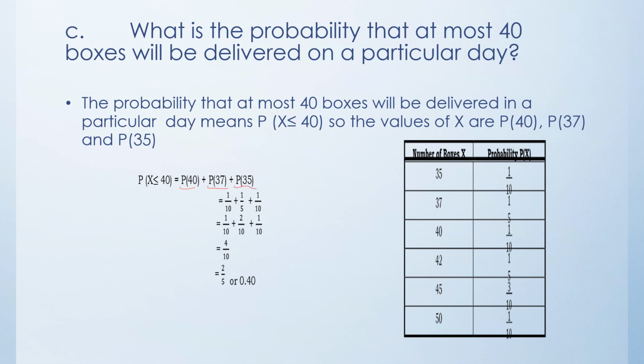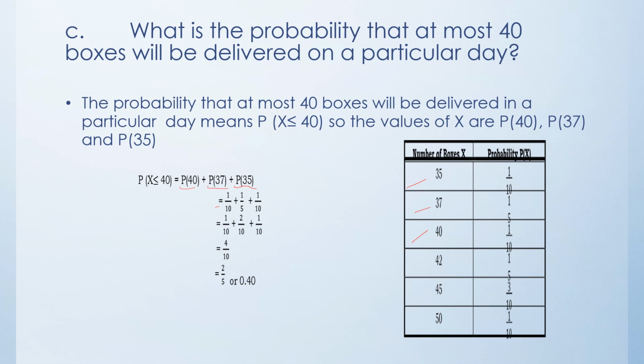Probability of 40 is 1 over 10. Probability of 37 is 1 over 5. And probability of 35 is 1 over 10. So we have 1 over 10 plus 1 over 5 plus 1 over 10 is equal to 1 over 10 plus 2 over 5 plus 1 over 10.